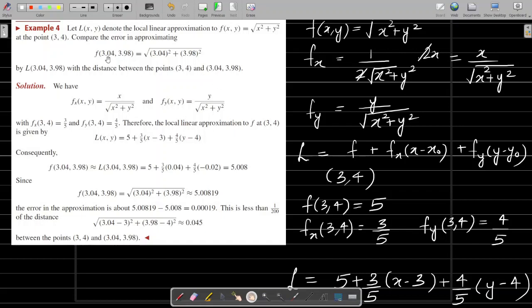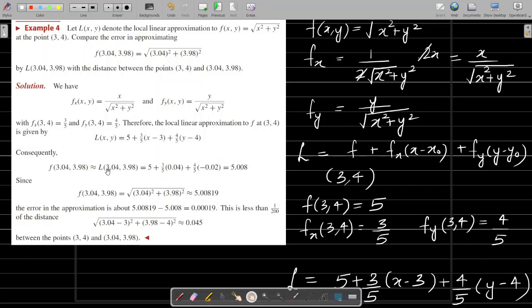So the local linear approximation is 5 plus 3 by 5 into 0.04, since 3.04 minus 3 comes out as 0.04, plus 4 by 5 into (3.98 minus 4), which comes out as minus 0.02. So L(3.04, 3.98) comes out as 5.008.